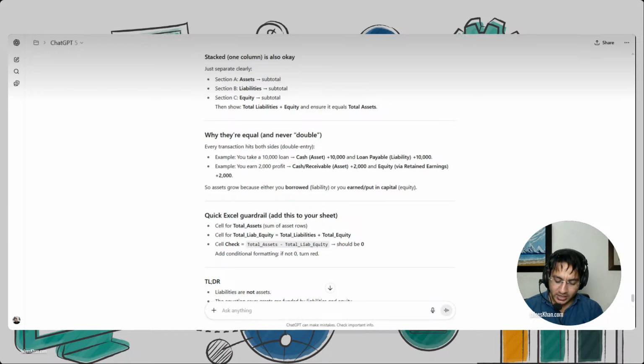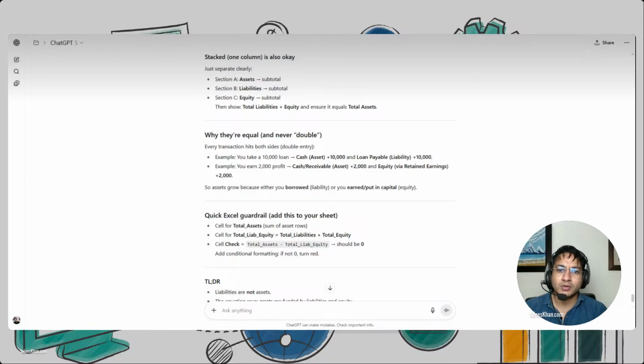It is telling you how you are adding the amount, but we get the basic concept. Asset tells us what value the business contains, and liability and equity tell us the ownership of that value.